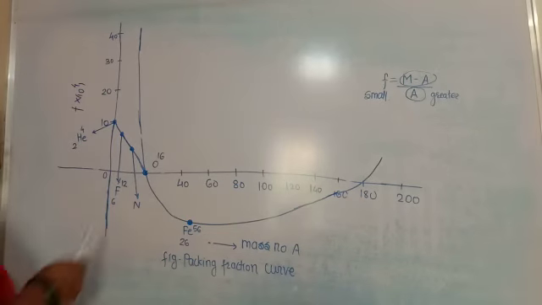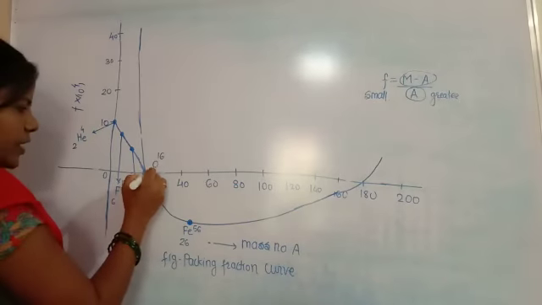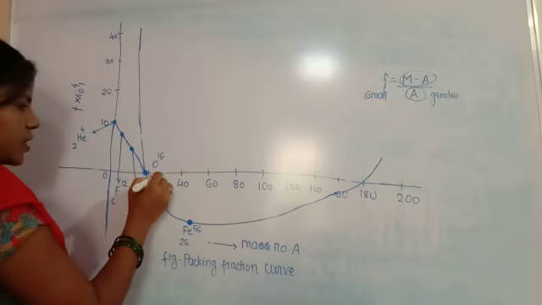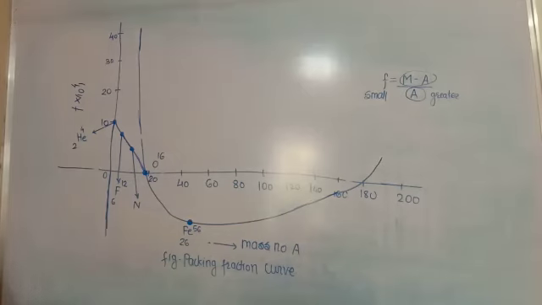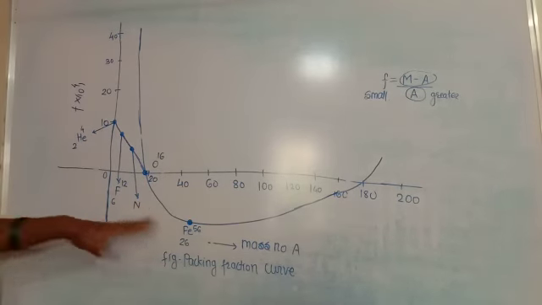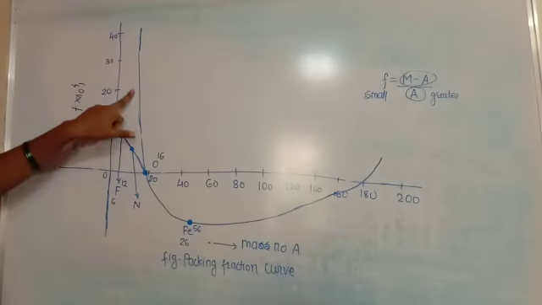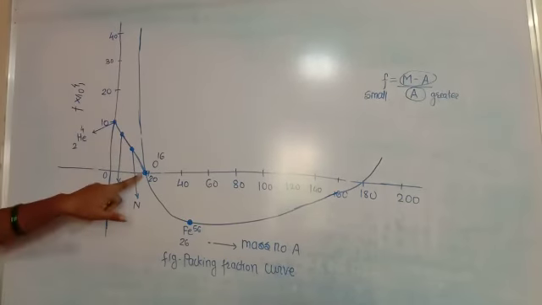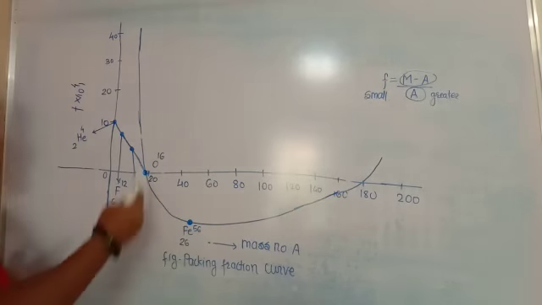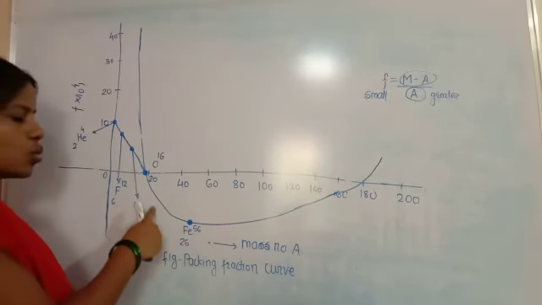As we increase the mass number above 20, the packing fraction value decreases to the 0 value, and when the mass number increases again, it decreases to a lower value.